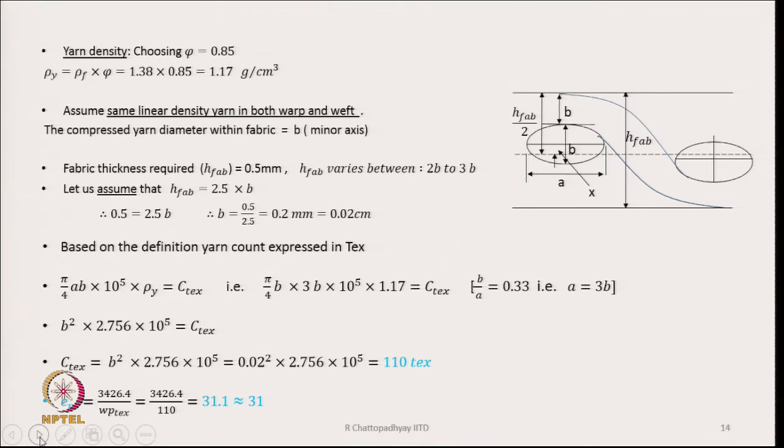What is the yarn density? We have to find out now. This value we have calculated actually from the data offered by these previous authors. If we note down the minor axis and major axis values of the filament yarns from the data that the authors have suggested, we find that phi actually varies between 0.8 to 0.9 within the fabric.